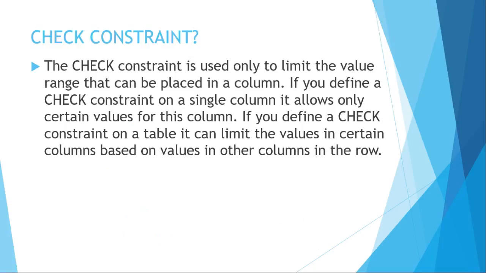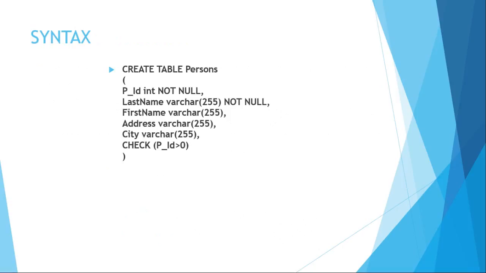So this is the syntax that we will use during our demonstration. Create table, for example persons, with PID, last name, first name, address, and city as the attributes for the table persons.